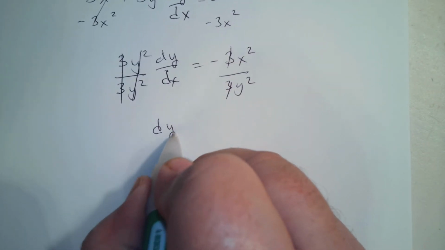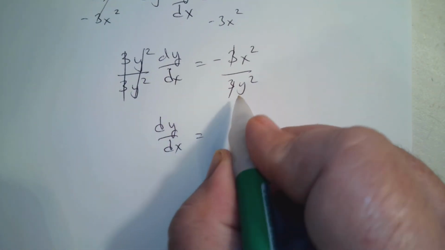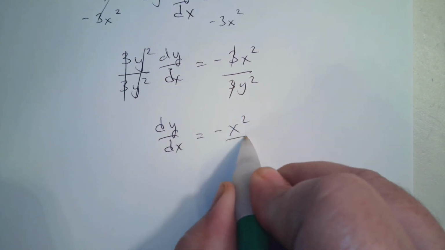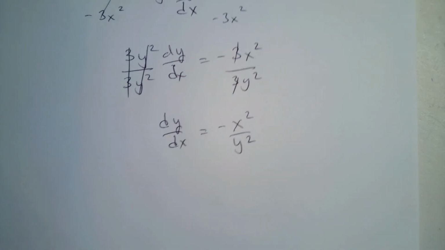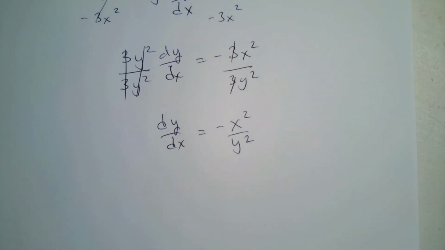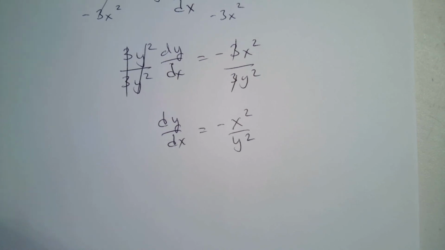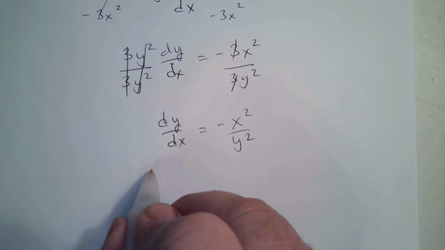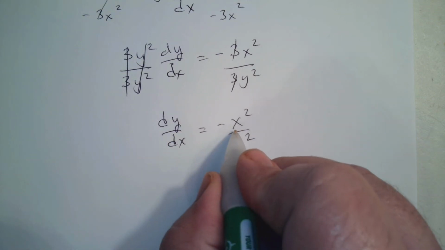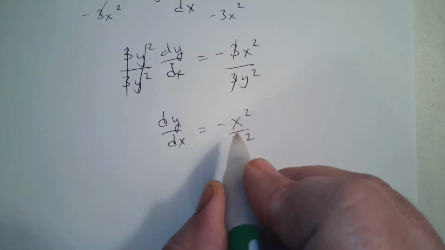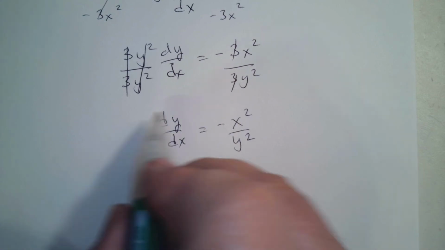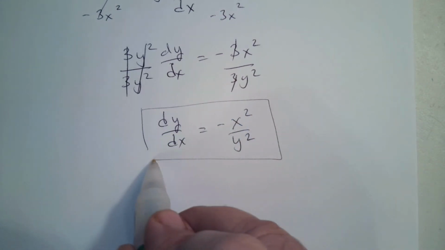So dy dx is equal to negative x squared over y squared. That's the first derivative. Okay, now let's find the second derivative. Okay, we have to remember this. We have to come back to this.